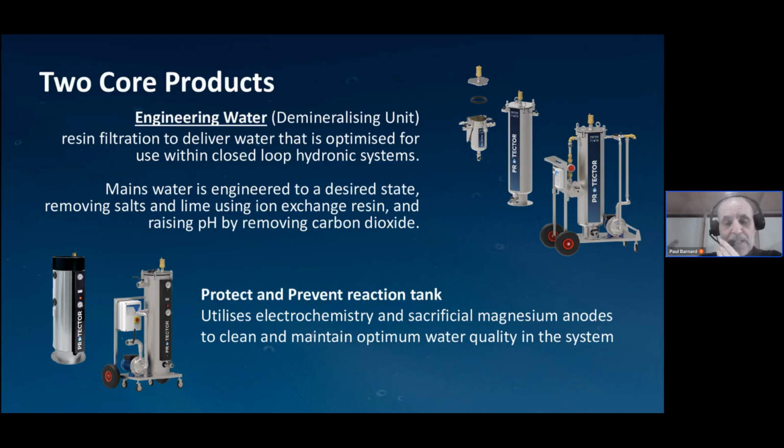And the second core product that sits on the network is what we call a reaction tank. This utilizes the science of electrochemistry and sacrificial magnesium anodes to constantly clean, maintain and optimize the quality of that water through the network life.